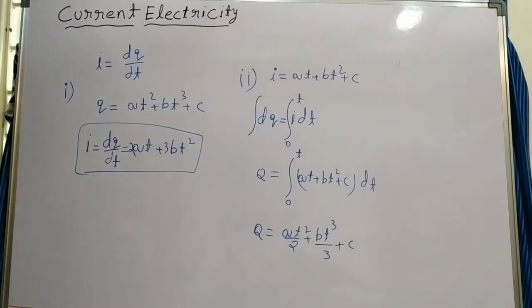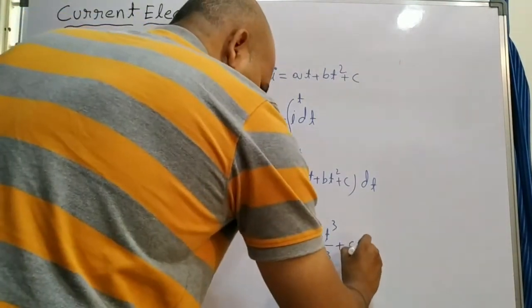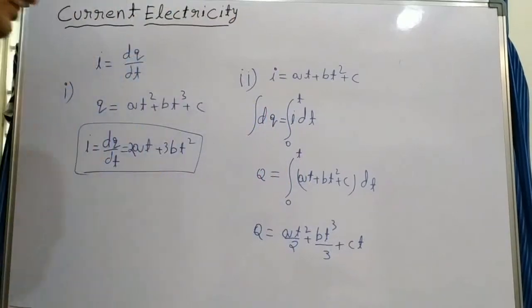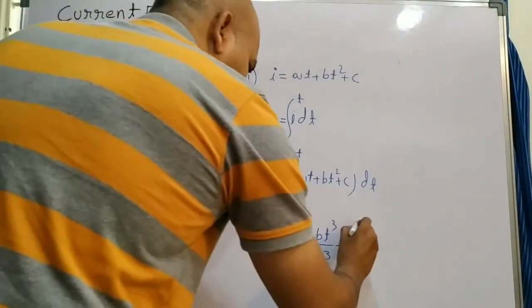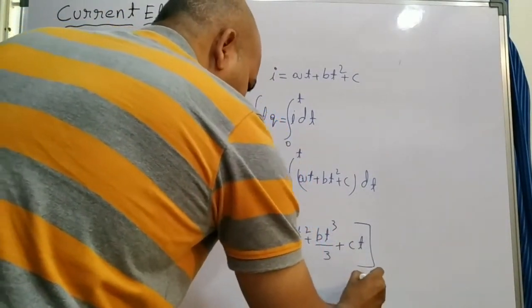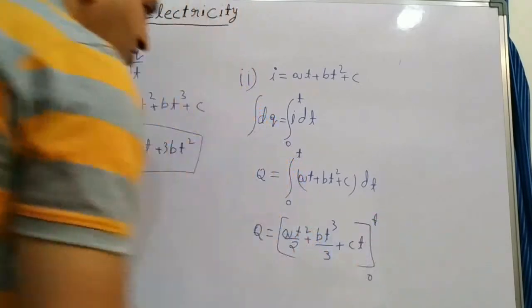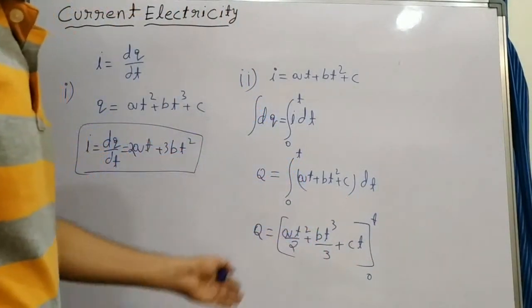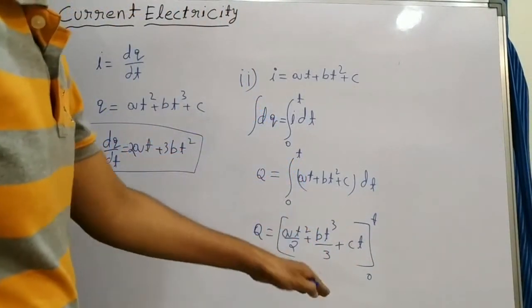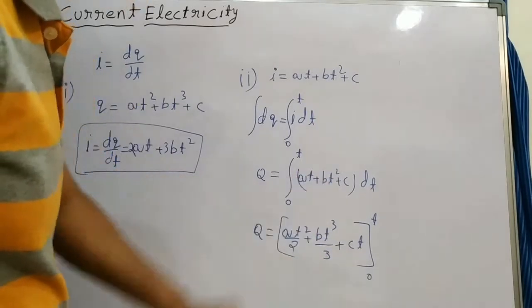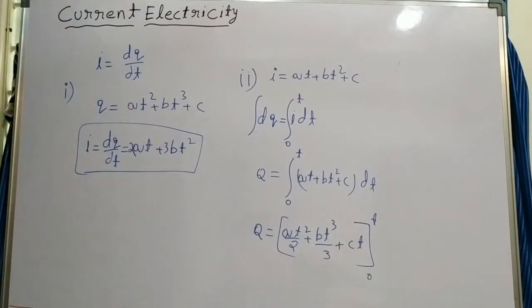T power 0 means t power 0 plus 1 by 0 plus 1, nothing but t, we get. And then we can apply limits from 0 to t. First you substitute the upper limit, then whatever value you get, minus the value from substituting the lower limit, subtracting that value from the first value. Like this we can solve.